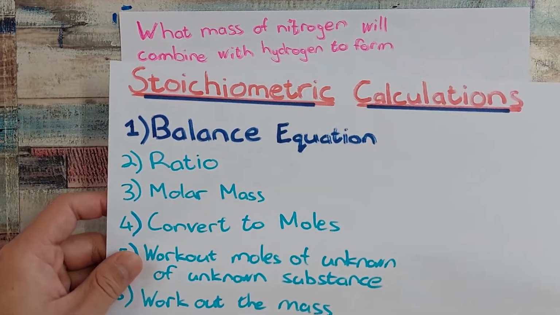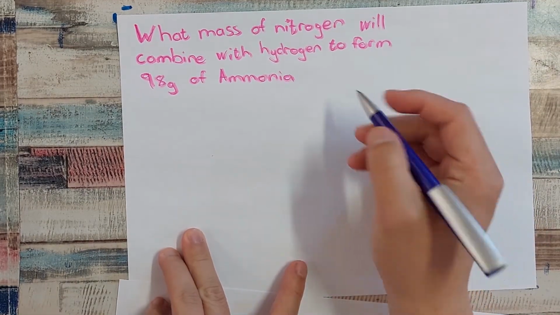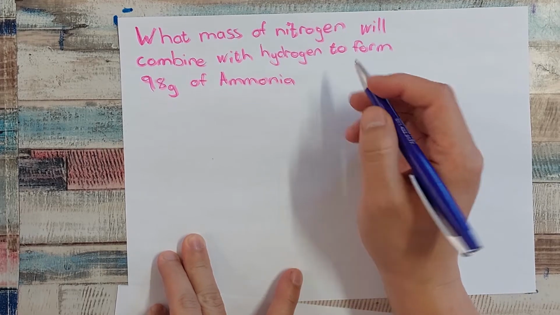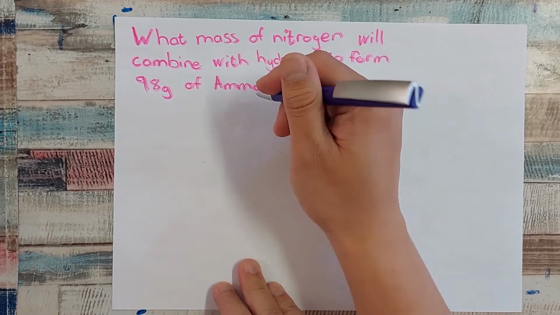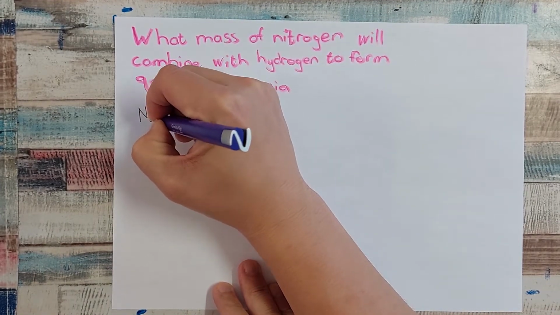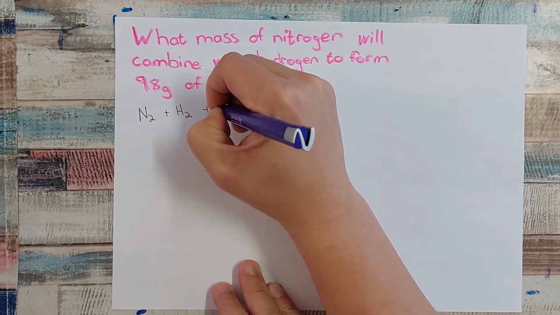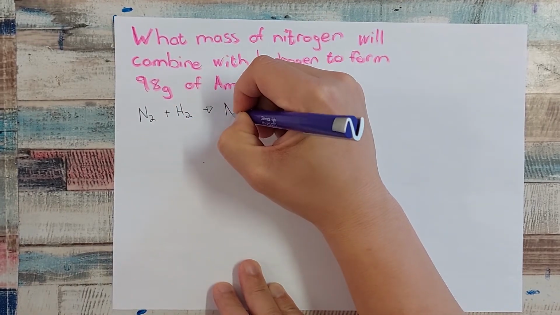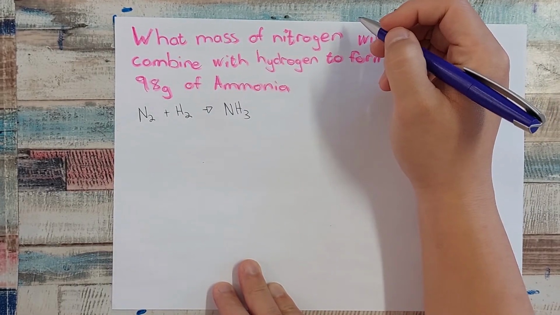Step one is to balance the equation, but we also need to create an equation first. I know that I'm dealing with nitrogen as well as hydrogen to form ammonia. So nitrogen, the atomic molecule, is N2, plus H2 is going to give me ammonia, NH3.